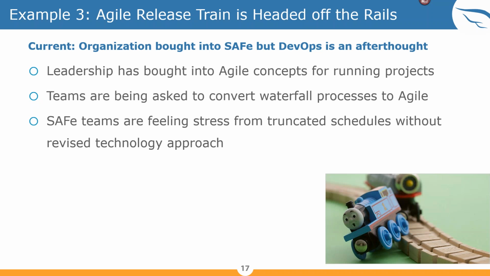The last example is kind of the Agile Release Train going off the rails. This is the idea of the disconnect between maybe the development organization and leadership buying into the concepts of the Scaled Agile framework, but not really including DevOps, and that's more of just kind of an afterthought once they get into it. So the concept of running projects and managing them at that portfolio and program down to the team level may be attractive to the organization.